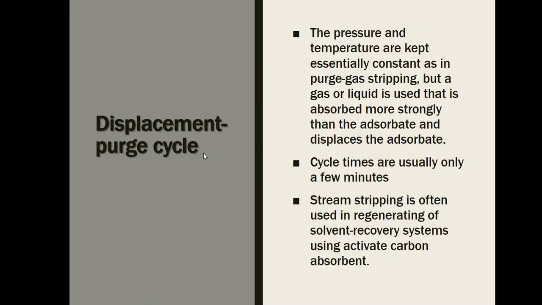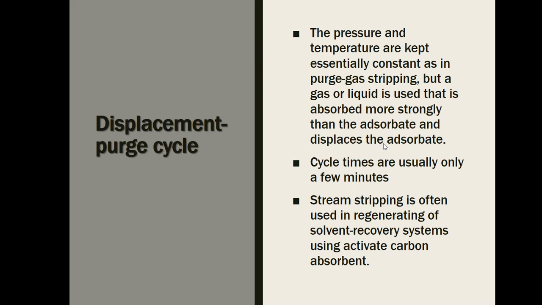Now, what about the displacement purge cycle? The temperature and pressure are kept essentially constant. So this time, both temperature and pressure are constant, but a gas or liquid is used that is adsorbed more strongly than the adsorbate and displaces the adsorbate.